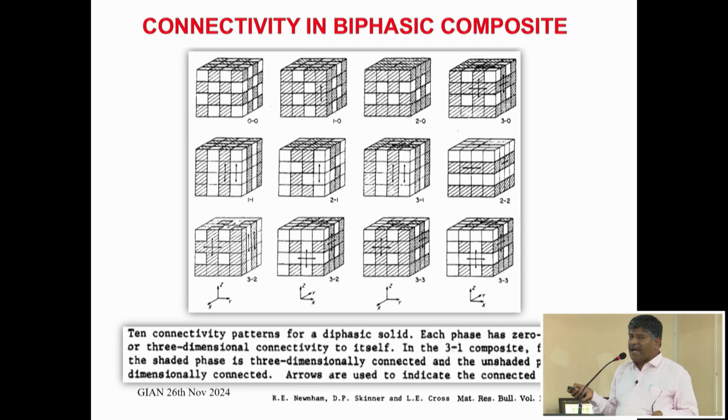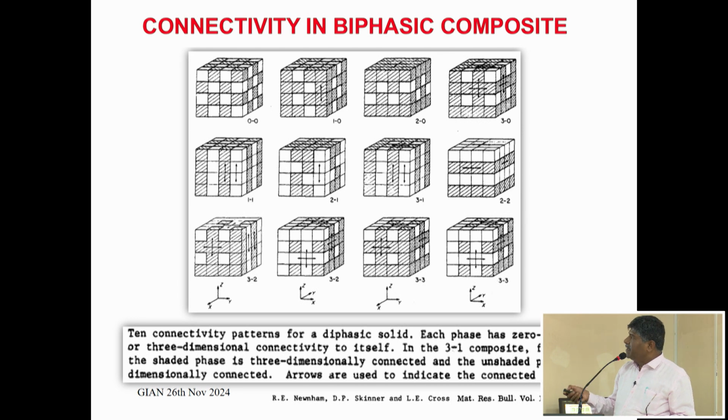This is what is called 0-0 connectivity, and the amount of each is also almost equal. There is one phase A, then phase B, phase A, phase B, like that. There is no direct contact between phase A and another grain or quantity of the same phase. This is the 0-0 connectivity.